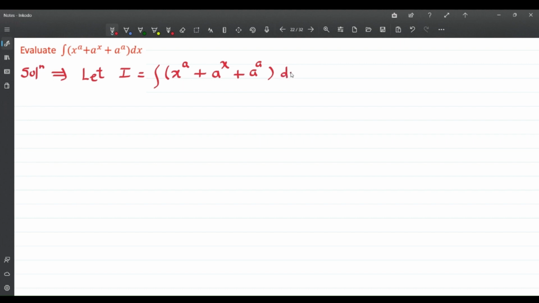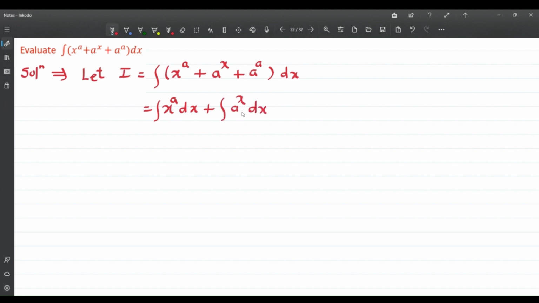First we have to separate all these terms. We take integration and dx to each and every term like this. First, integration x raised to a dx plus integration a raised to x dx.